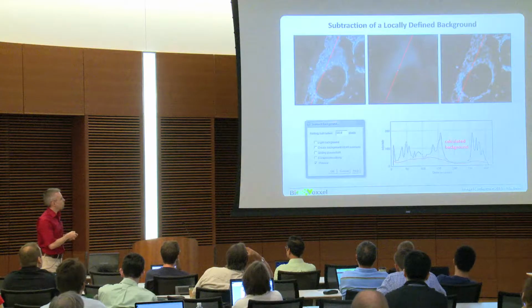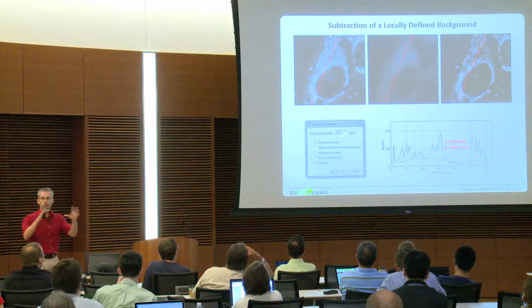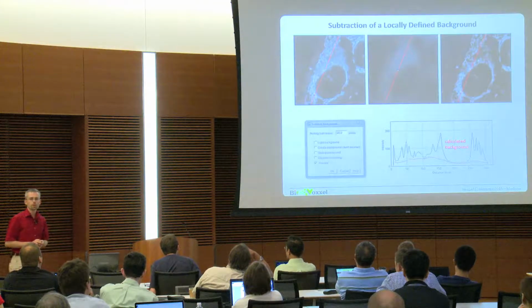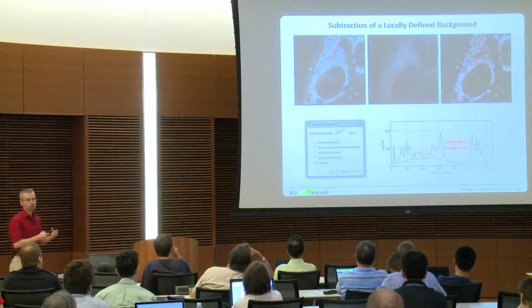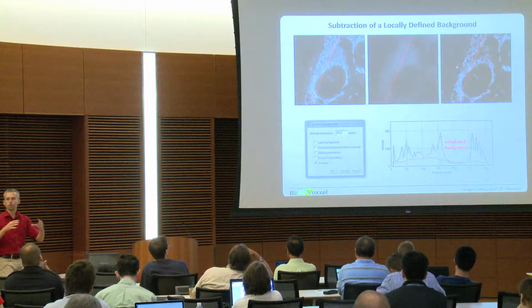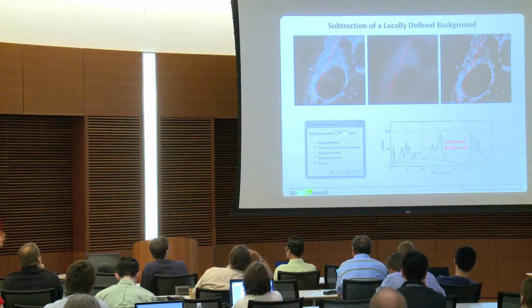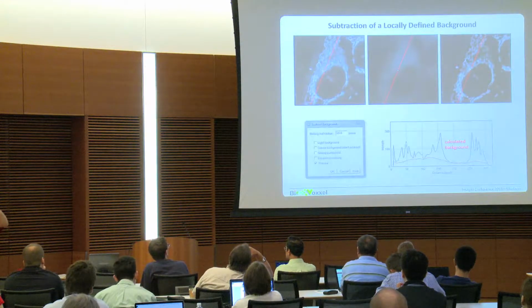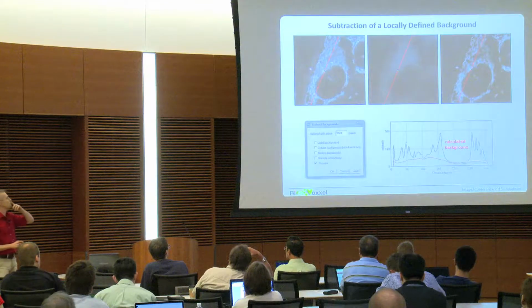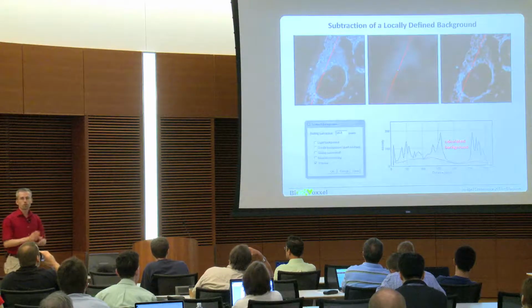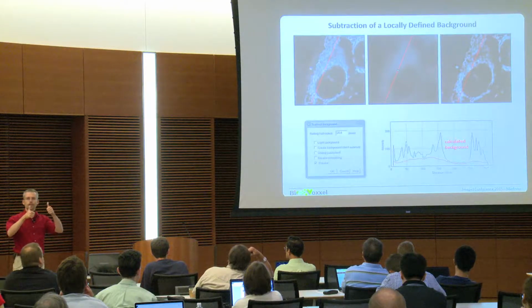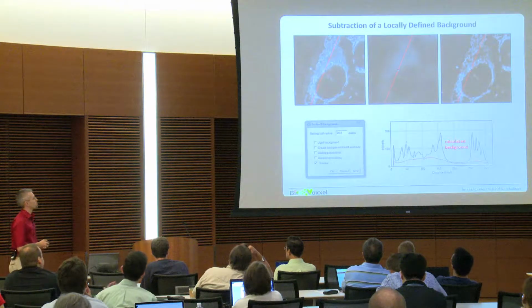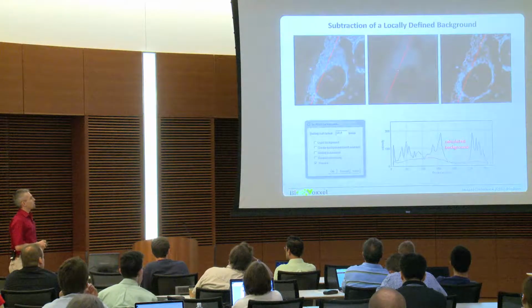Therefore, what you key in here as the radius of this rolling ball tool should be based on an estimation of your features. So how big is your feature size? This is very easy for circular objects. You just make a circle around it. If we have the time, I'll do that later on shortly. Make a circle around it, get the diameter of the circle, and key that in. Then at least you have a less user-biased estimate.